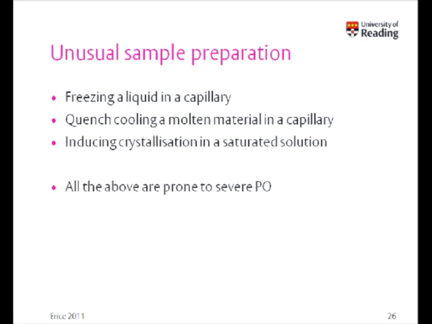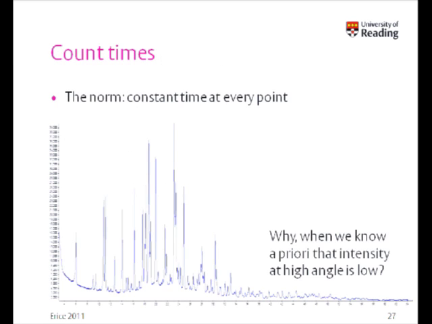In each case, the distribution of crystallites within your sample is likely to be non-random, and you can end up with some very severe preferred orientation effects. If you're aware of these in advance, then sometimes you can do something about them, but it's certainly very unusual to get a material prepared in this way that is not free of effects. And we'll see an example in one of my later talks of how this can affect data.